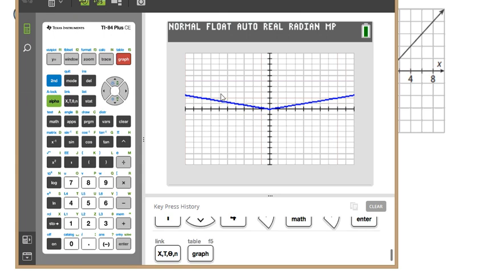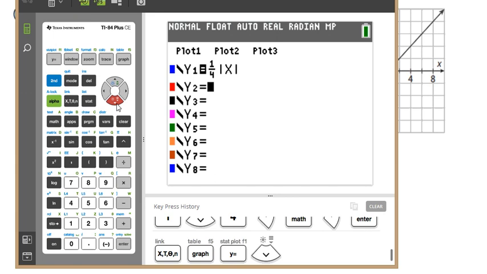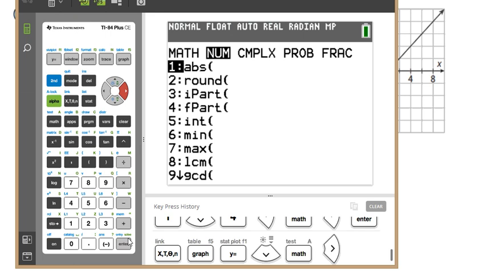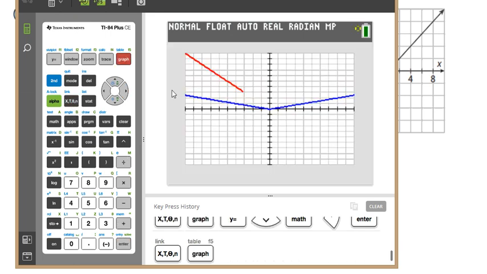So this is the 1/4 x. The absolute value of x is going to be just this one here, this red graph, and so we see that we have 1/4 of the amplitude here, this blue one.